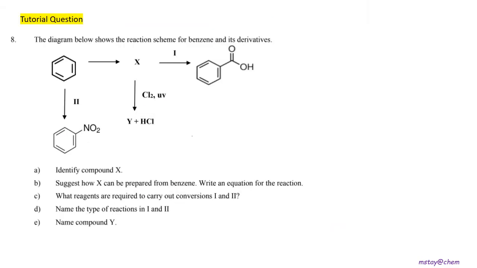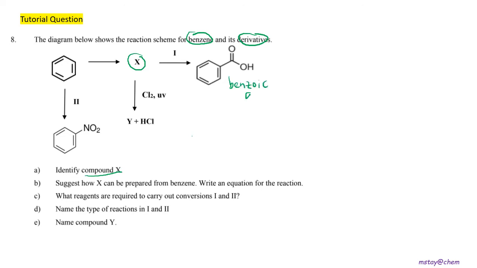Proceed to tutorial question number 8. The diagram below shows the reaction scheme for benzene and its derivatives. Identify the compound X. Compound X is over here, and the product is benzoic acid.